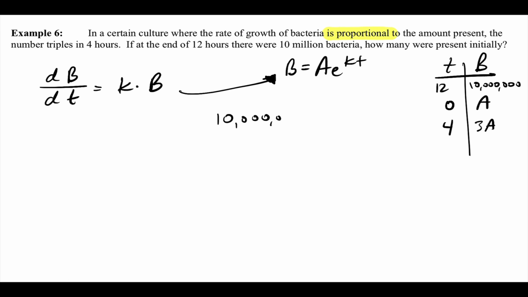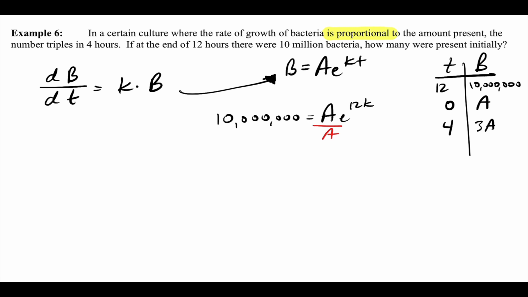So 10 million and 12 for T. Well, it's going to be tough because I have 2 variables, A and K. A and K are both numbers I don't know.